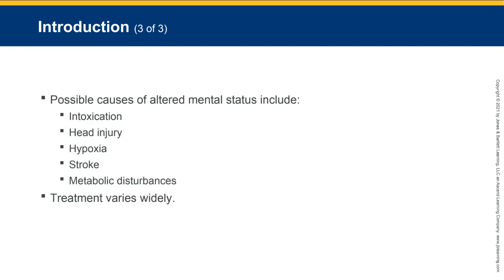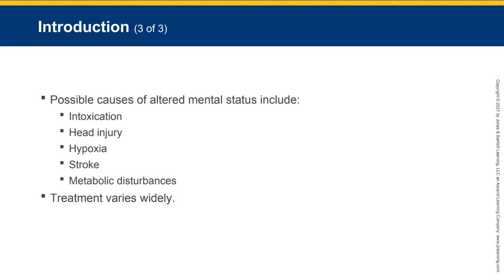Possible causes of altered mental status. Now, altered mental status simply means that the patient is behaving in a manner that is not accepted as normal. So when you have a patient with altered mental status, it's very important to find out what is the normal presentation for this person once it's possible.